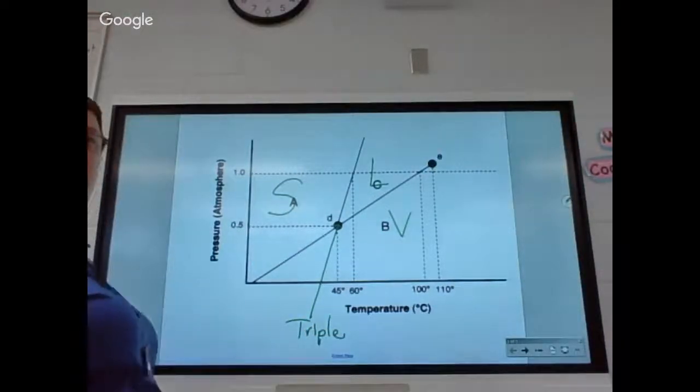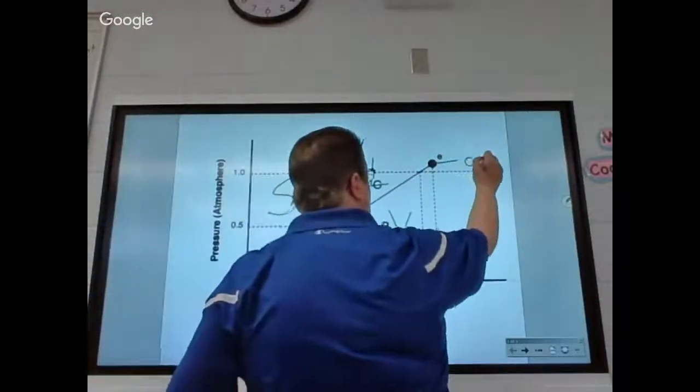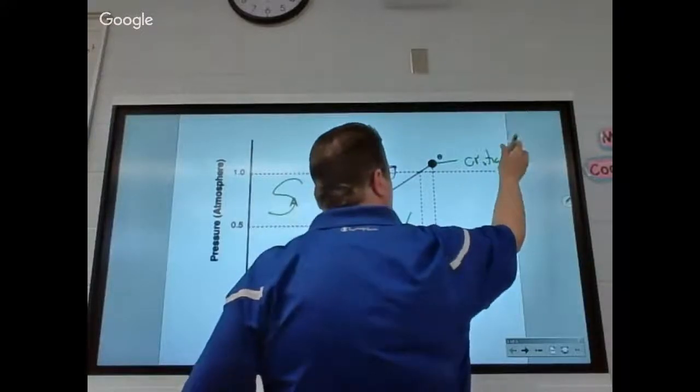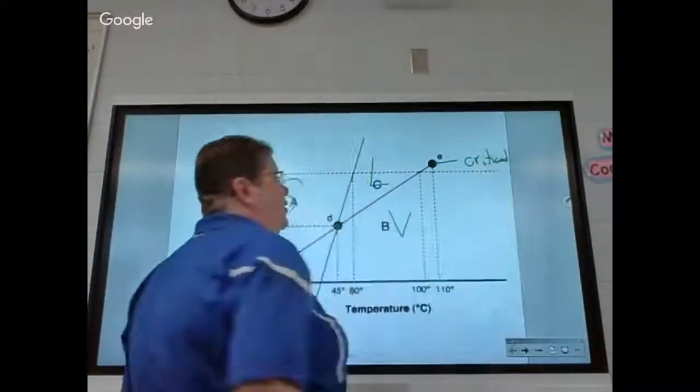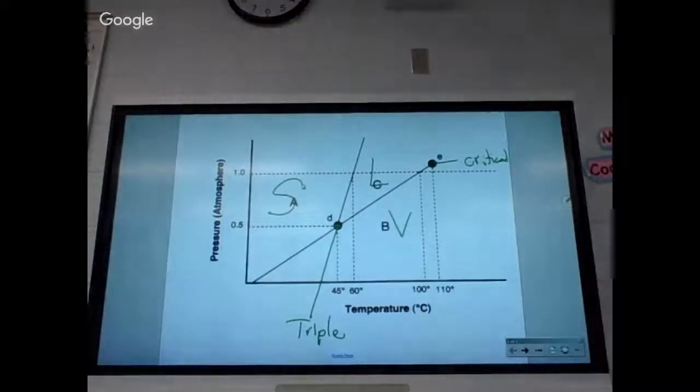The critical point is always the end of the liquid vapor line. The normal melting or normal boiling point, you have to find the standard pressure. So where's standard pressure on this graph? Okay, 1.